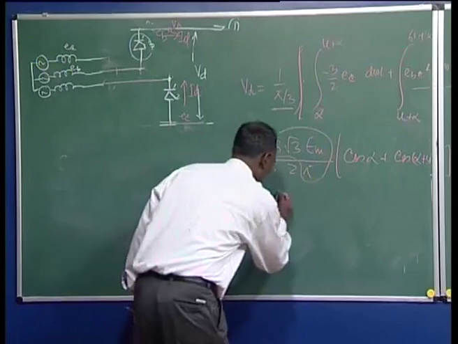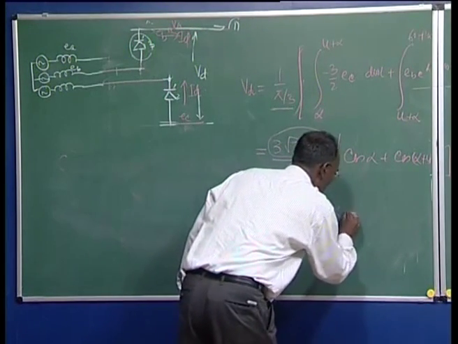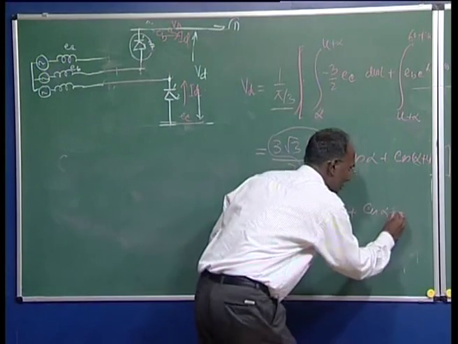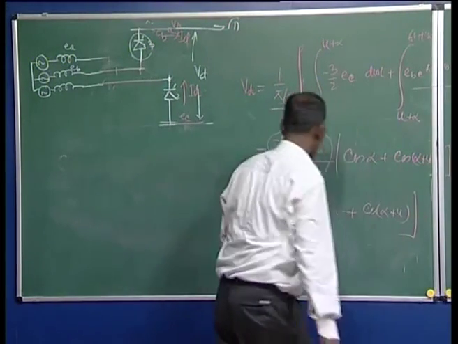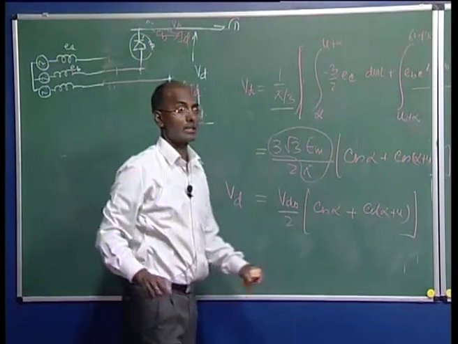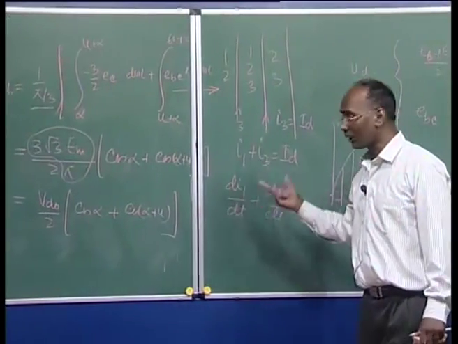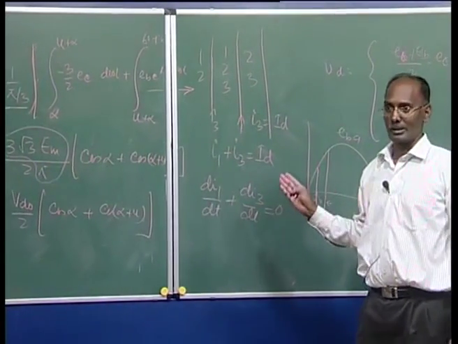So I can write here VDO by 2 times cos alpha plus u. This is our DC output average voltage across this link in case of mode 1, that is when valve 1, valve 2 and valve 3 are conducting simultaneously.